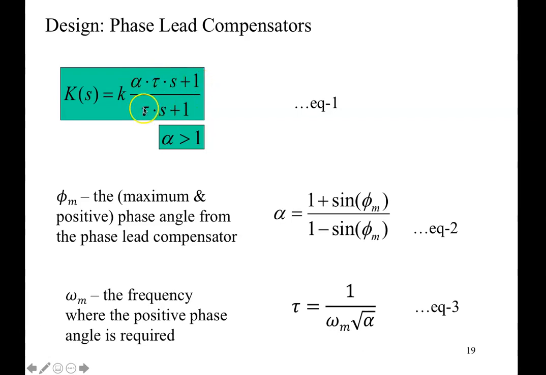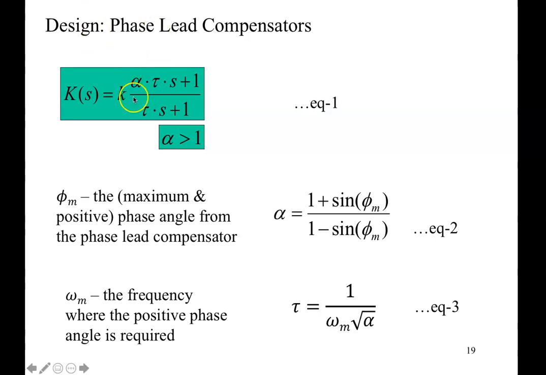In the denominator, it's tau times s plus 1. We have 3 parameters for the design. One is k, how much gain we need. One is tau, that's another value. One is alpha. Now, of course, we have 3 parameters to tune. Therefore, it gives us a lot of flexibility in the control design.